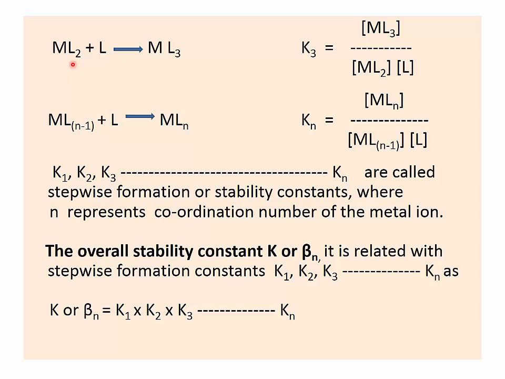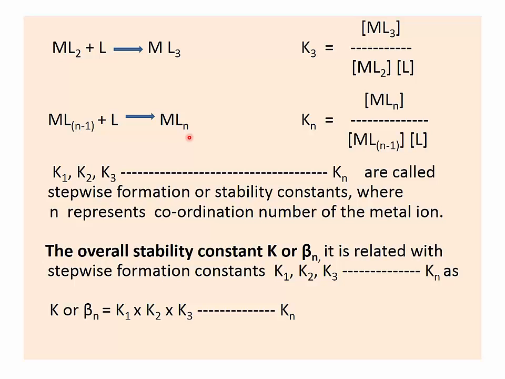Then see next step, K3. Now to the product of second step ML2, third ligand is added. So there is formation of ML3. For this reaction K3 is equal to concentration of ML3 divided by concentration of ML2 into L, the third ligand added concentration. In this way, in MLn-1, last ligand is added and there is formation of MLn complex. n is coordination number.